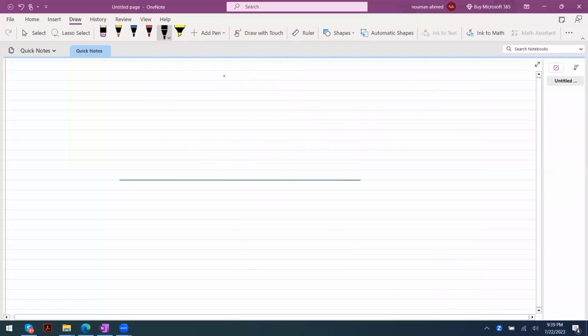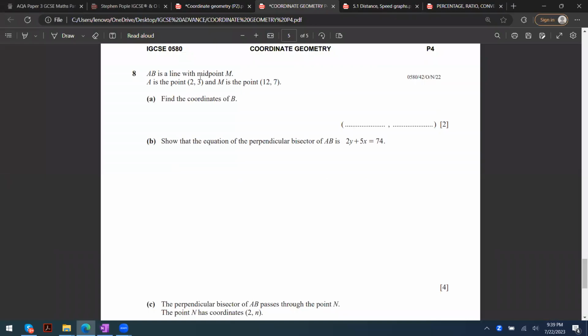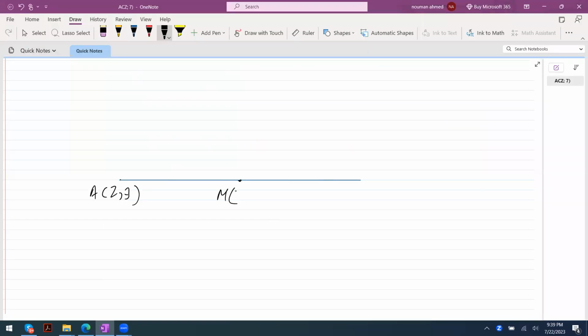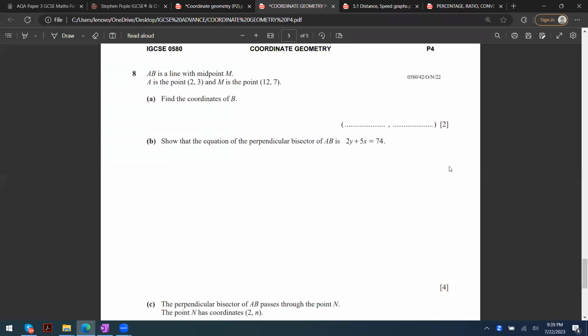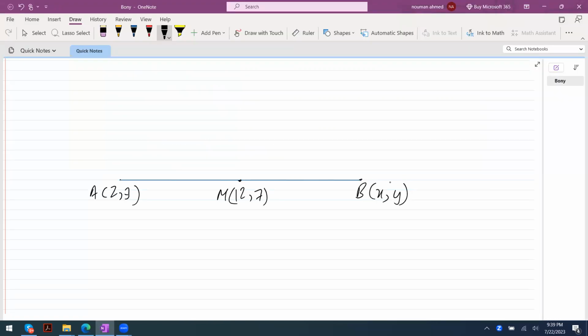A is (2, 3). The midpoint M is now given first, which is (12, 7). B, we don't know. This time we don't know the last point. Find the coordinates of B. We need to find this x and y.